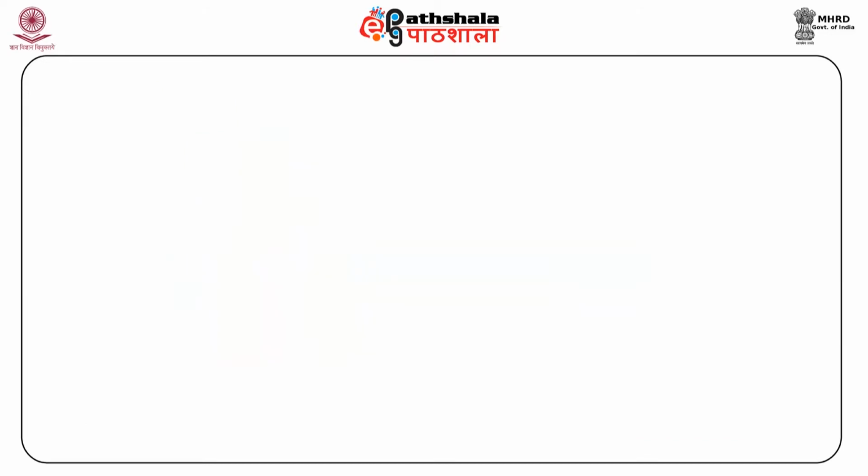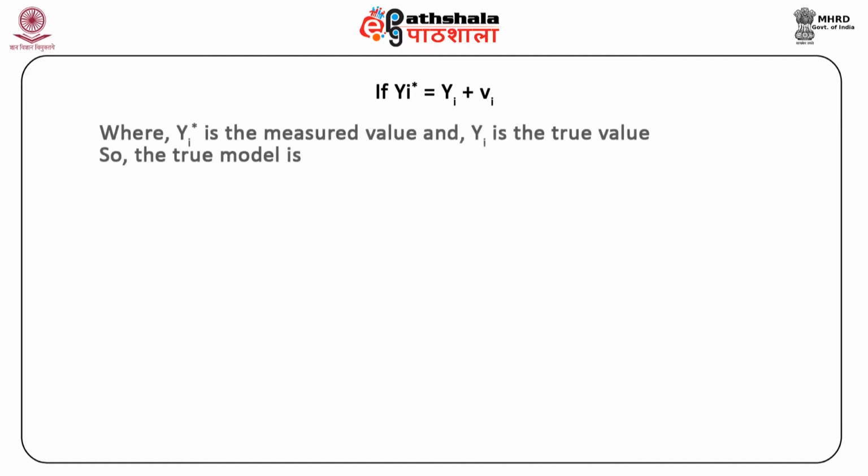Continuing with the above discussion, if yi star is equal to yi plus vi, where yi star is the measured value and yi is the true value, so the true model is yi is equal to beta 1 plus beta 2 x2i plus so on up to beta k xki plus ui.